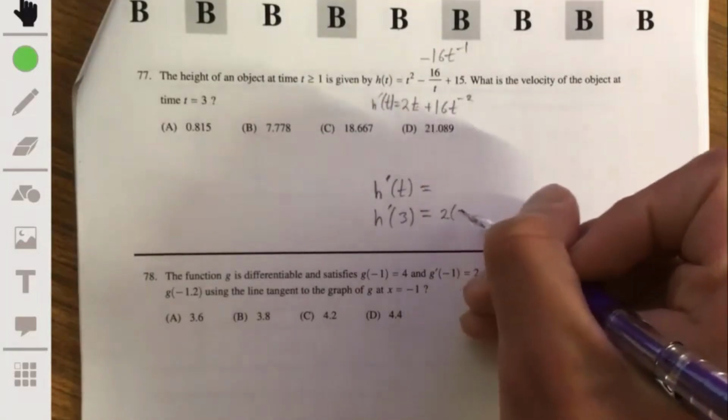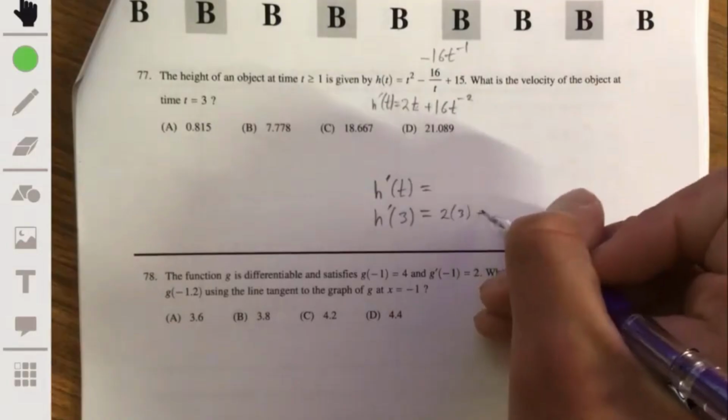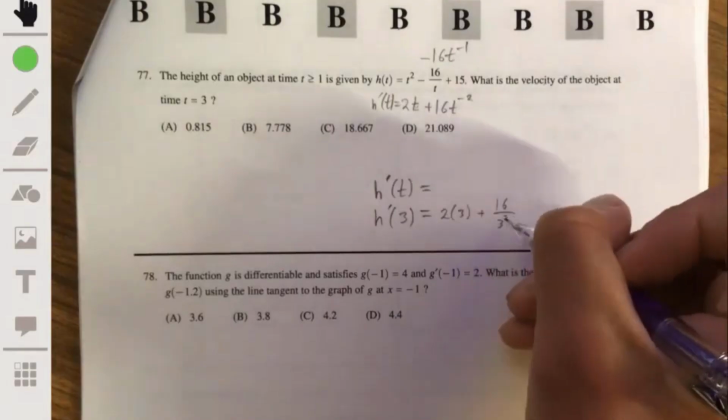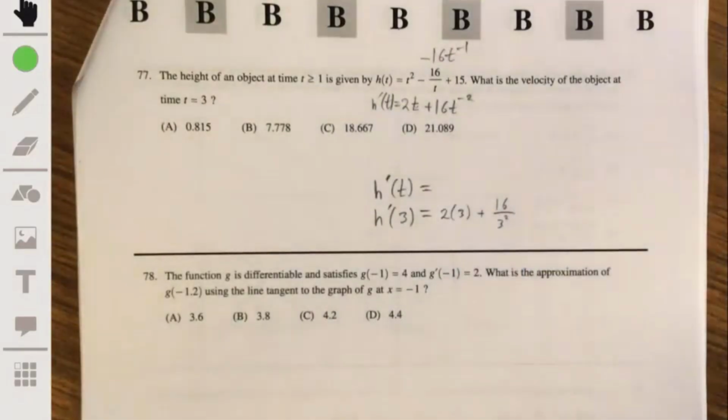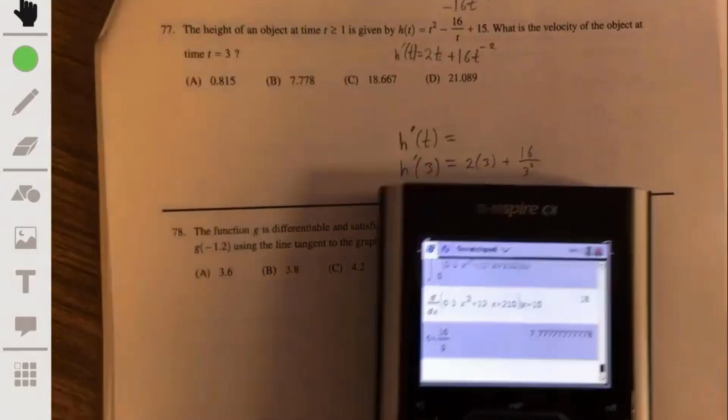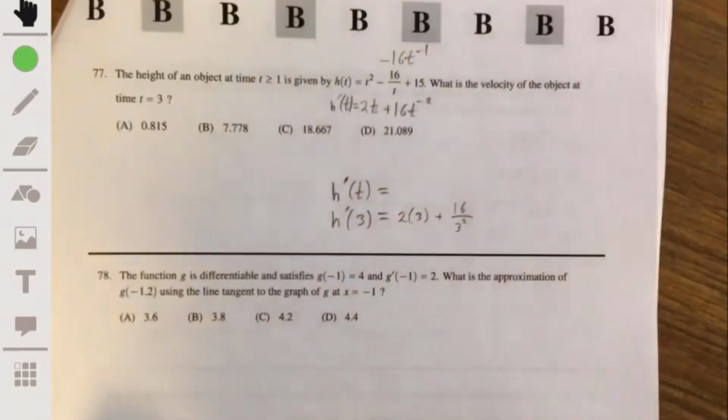So you're going to have 2 times 3 plus 16 over 3 squared, so plus 16 over 9. So you're going to have 6 plus 16 over 9, and you'll get 7.7 repeating. And so the answer will be B.